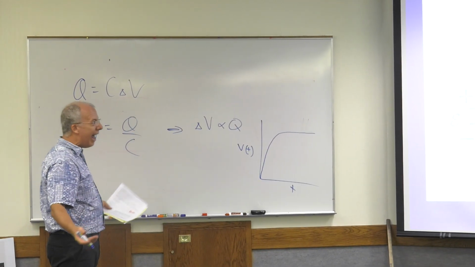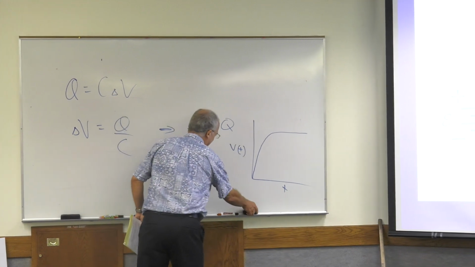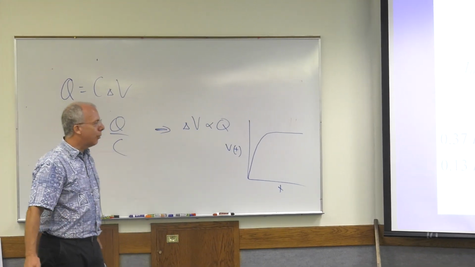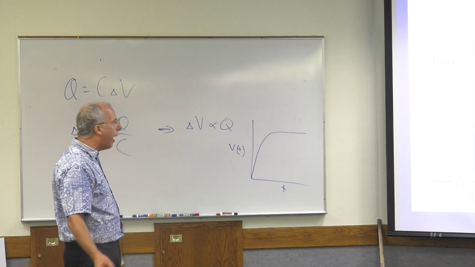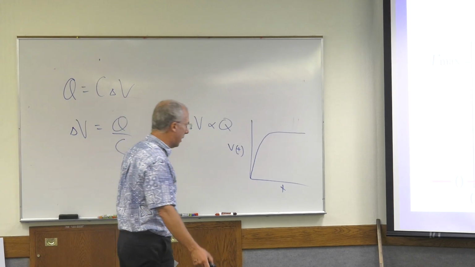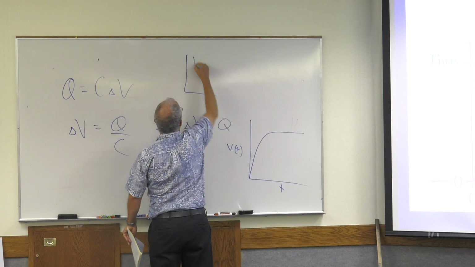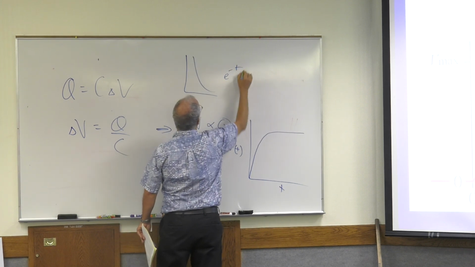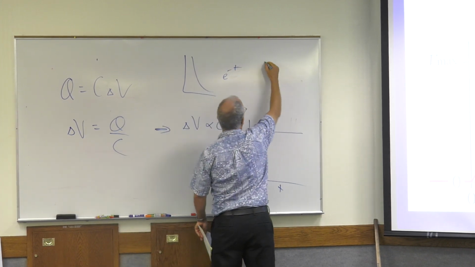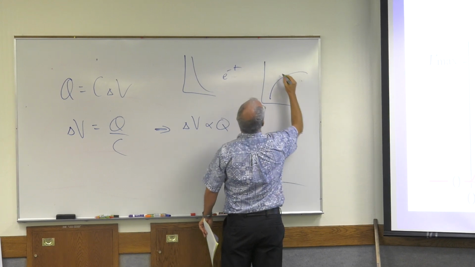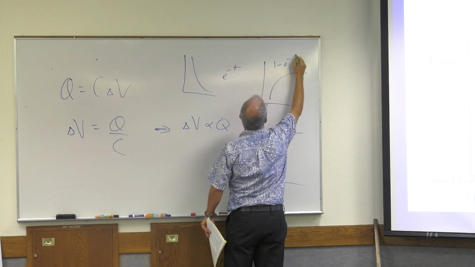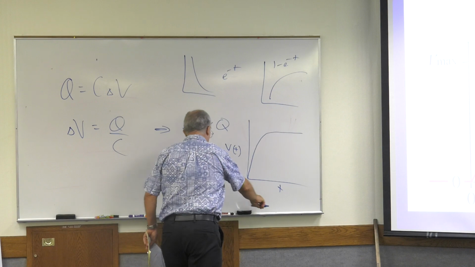Now, what is that? Well, sorry, but this is another one of these equations that you're going to see all the time in physics and in other sciences. This is the e to the minus t kind of thing. This is the 1 minus e to the minus t kind of thing, right? So here it is.